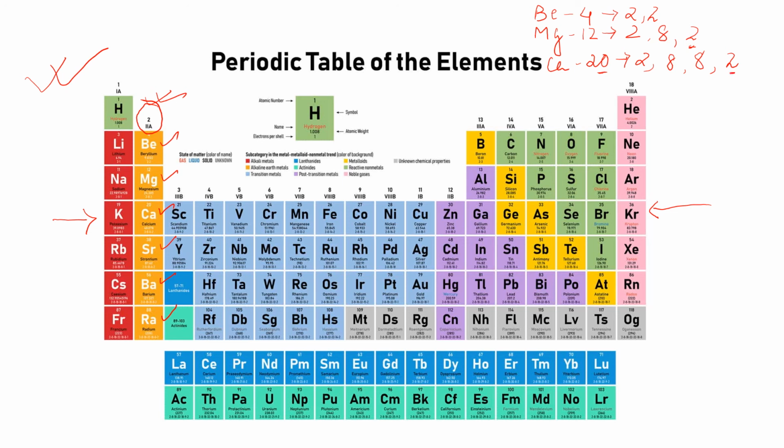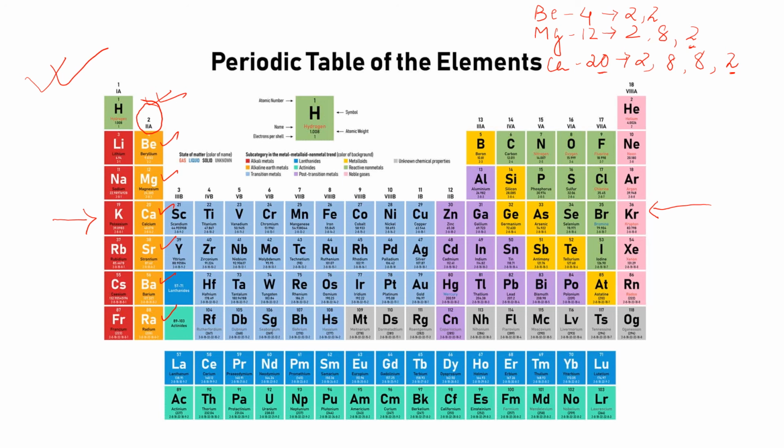Now you can see that beryllium, magnesium, calcium, all of them are having 2 electrons in their valence shell. So all their valence electrons are 2. So they are showing similar chemical and physical properties. And the elements are arranged in increasing atomic number.